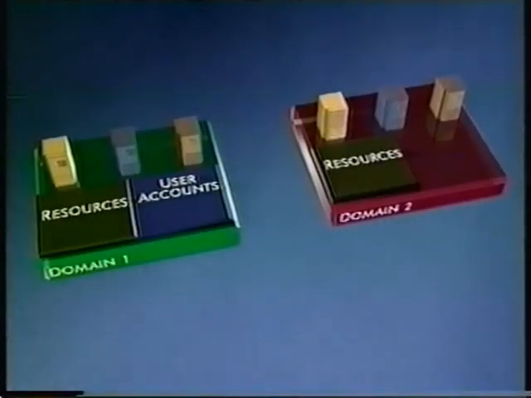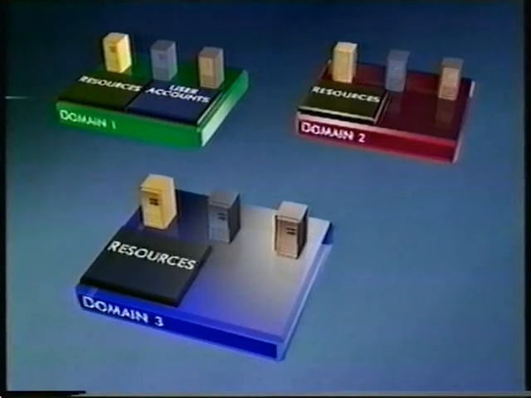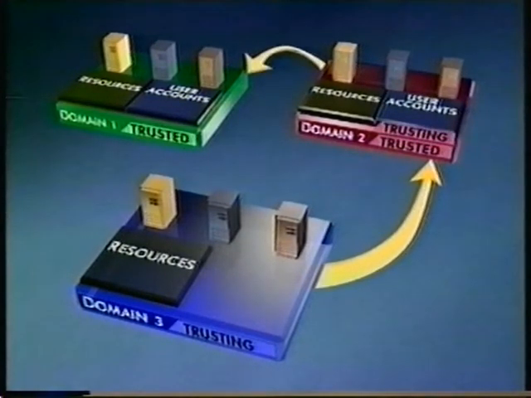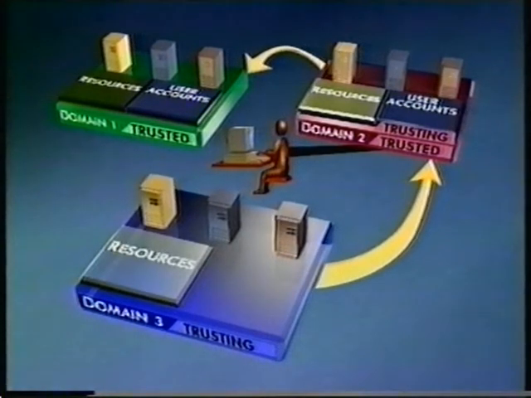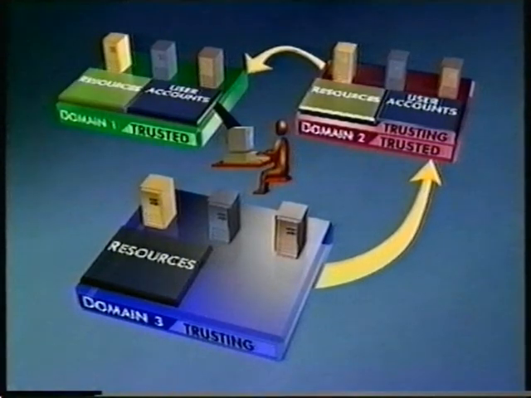Trusts are not transitive. For example, say you have 3 domains. The third domain trusts the second, and the second trusts the first. A user logging on to the second domain can access resources in the second or third domain, and a user logging on to the first domain can access resources in the first and second domains, but cannot access resources in the third domain.